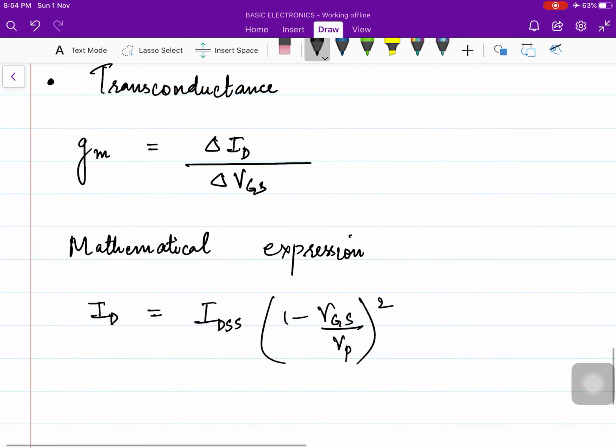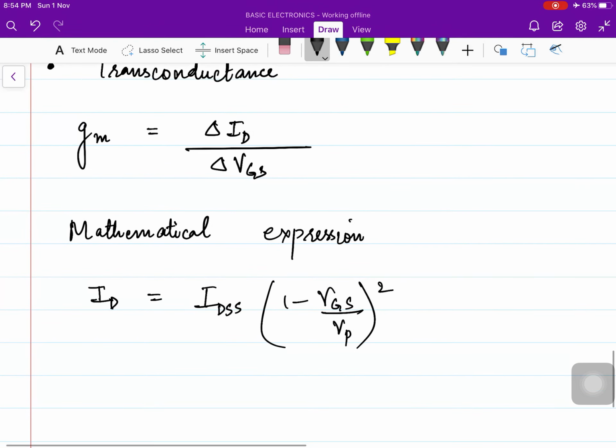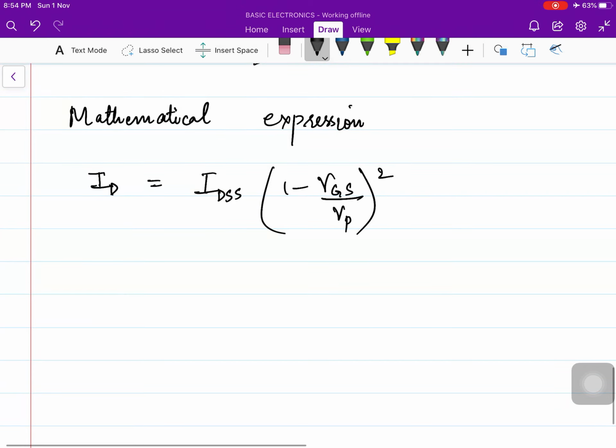Now you are deriving the mathematical expression for transconductance, and the formula of transconductance is delta ID by delta VGS. So differentiate this equation with respect to VGS.